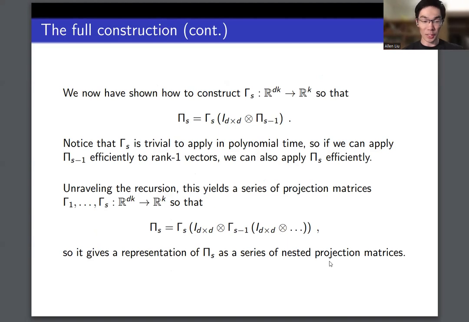So we actually have a sequence of S projection matrices that project from dk dimensions to k dimensions. You have gamma S minus 1, and so on, and unraveling the whole projection matrix pi sub S, we can write it in the form shown on the slide. It suffices to maintain separate projection matrices gamma 1 through gamma sub S. This gives us the efficient implicit representation of this large projection matrix.